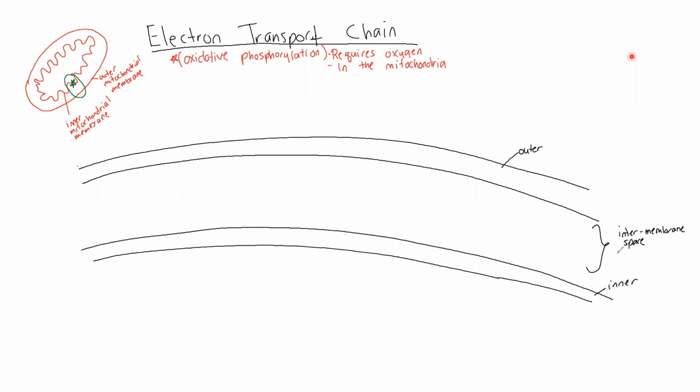All right, and we also want to describe what's happening as far as the various gradients that we've created here. So all of the electrons that we have been describing, they're going to be shuttled off here to the mitochondria, and they're going to be in higher concentration in the intermembrane space.